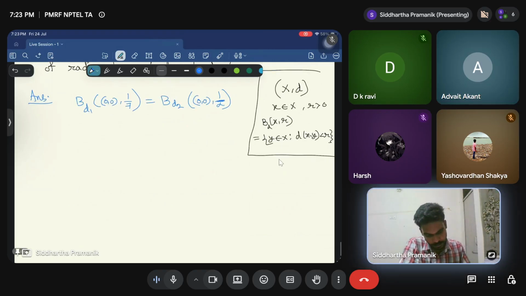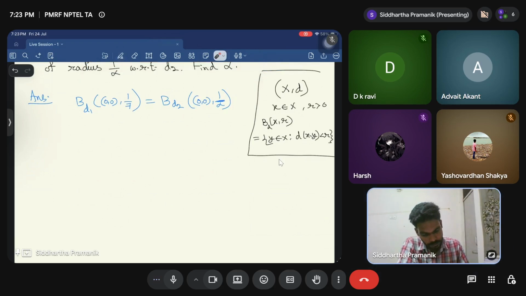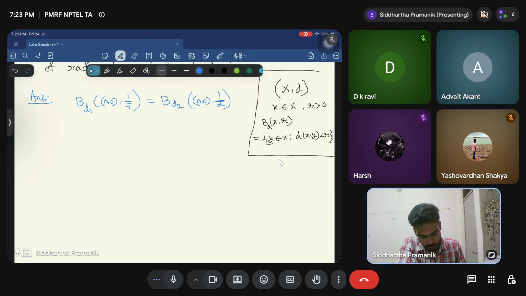But let's do the computation here. It's not difficult. So let's write this d2 ball, how this set looks like. It's fairly easy. We just need to write down the things carefully.